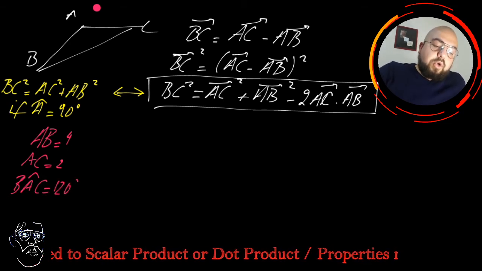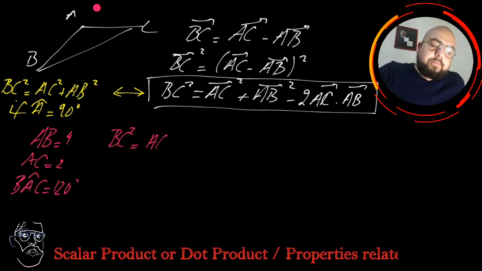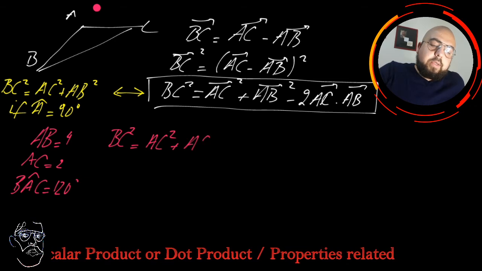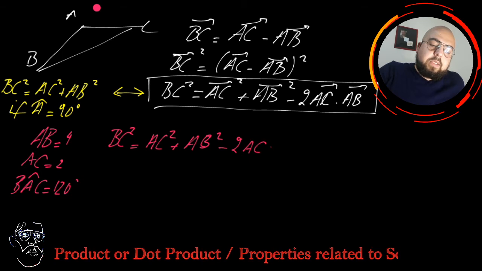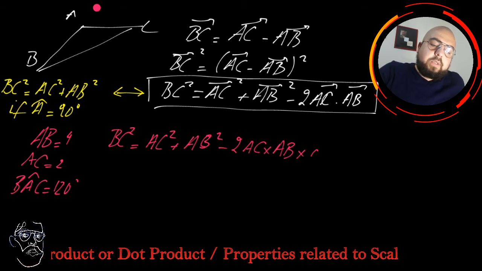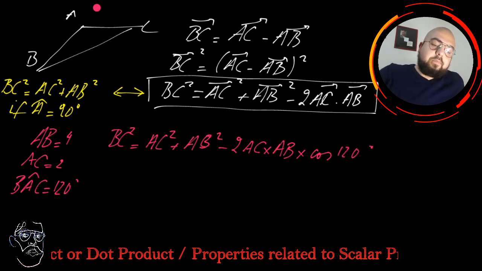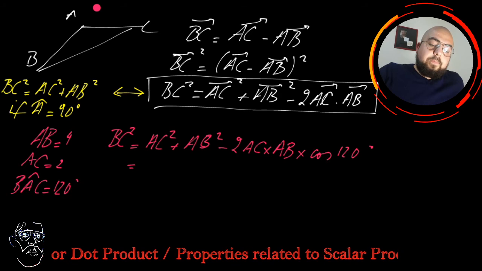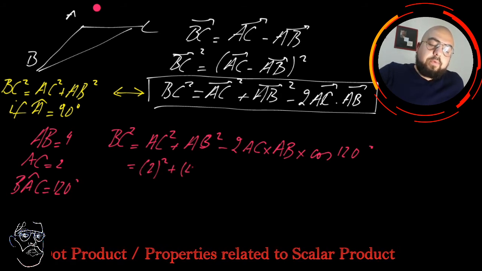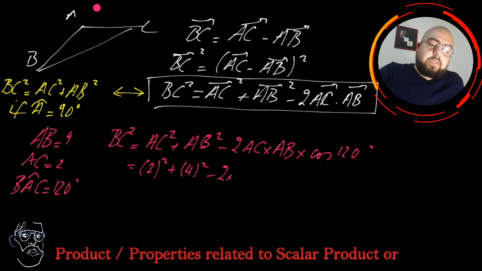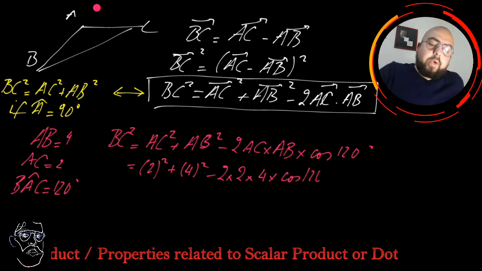All right, so I will have to say that BC squared is equal to AC squared plus AB squared minus 2 times AC times AB times cosine of the angle, which is in this case 120. All right, so AC squared is actually 2 to the power of 2 plus AB squared is 4 to the power of 2 minus 2 times AC 2 times AB 4 times cosine of 120.